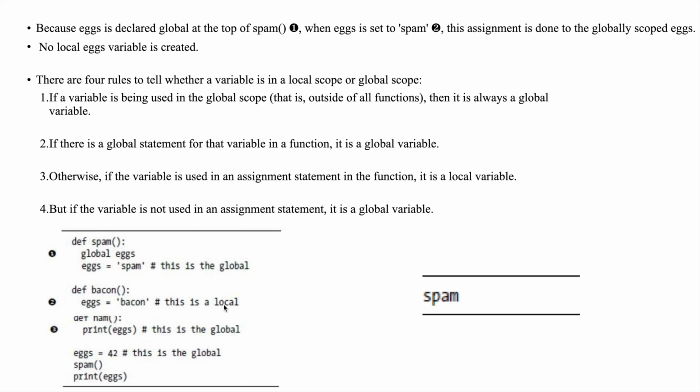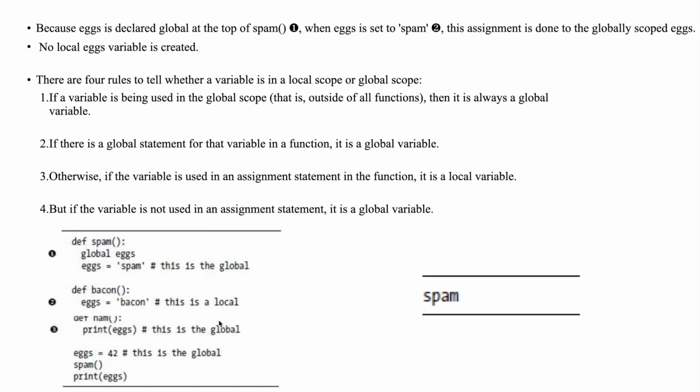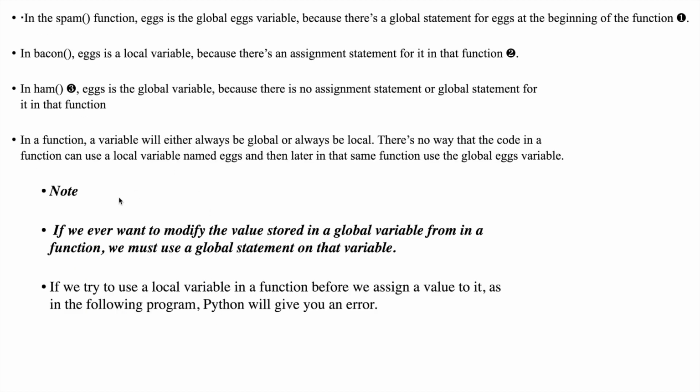At least they should play any one role. So if you ever want to modify the value stored in a global variable, we must use a global statement on that variable. You already know that.